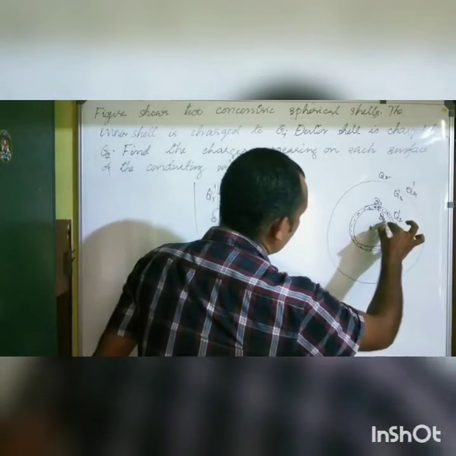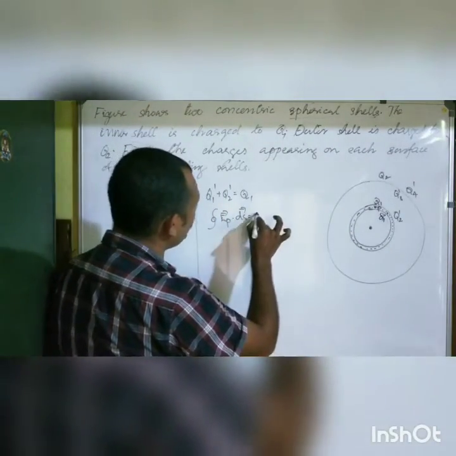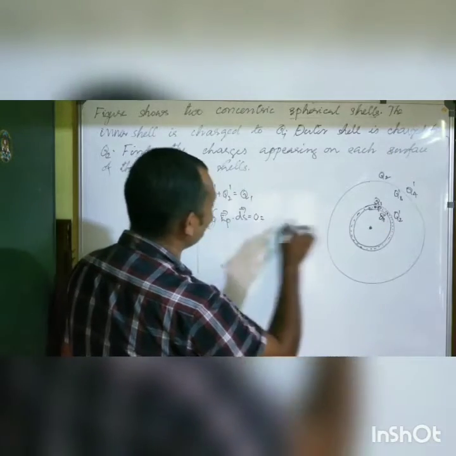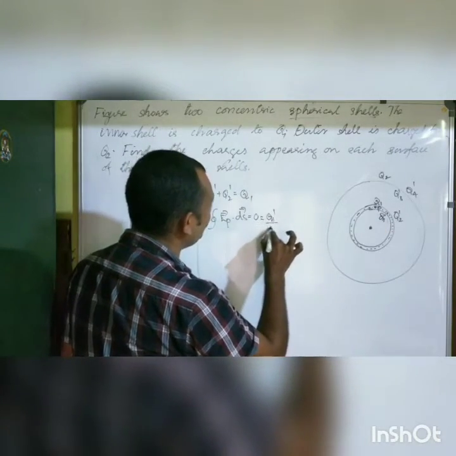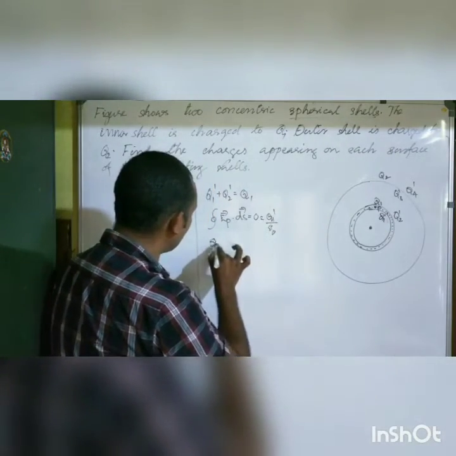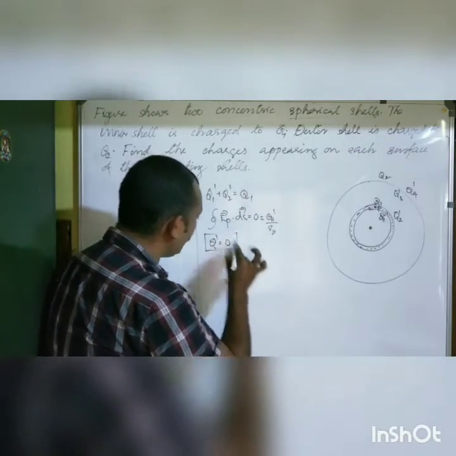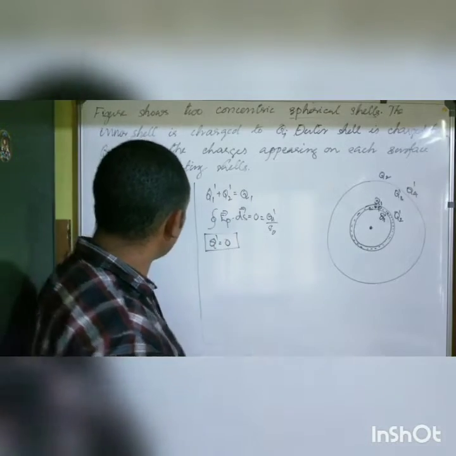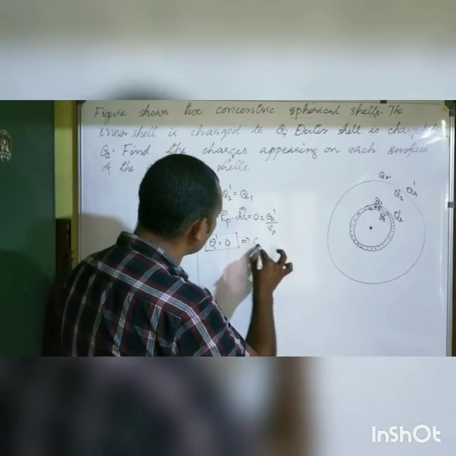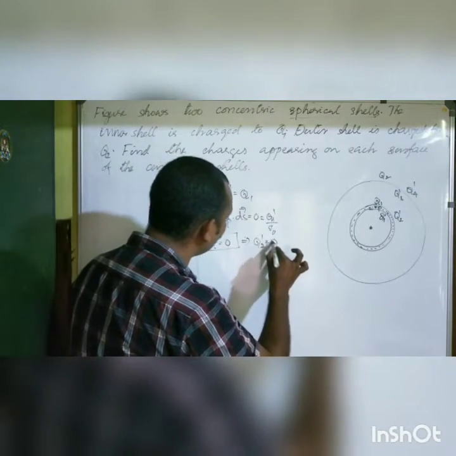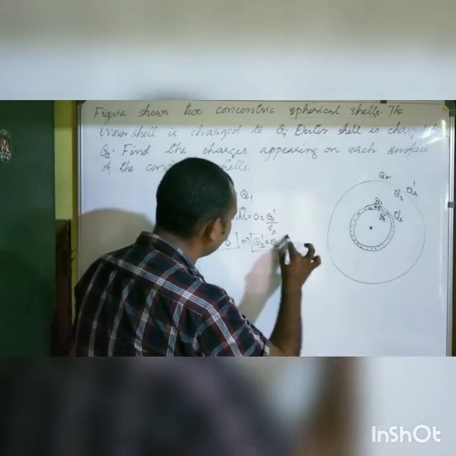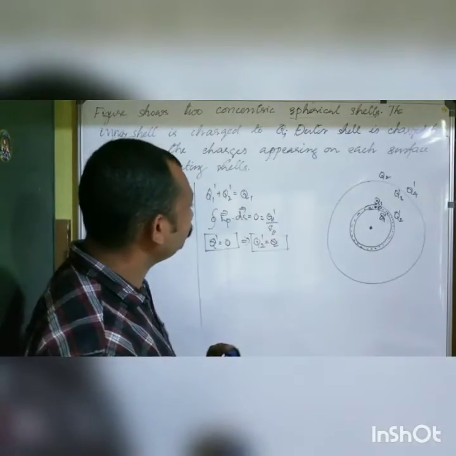Inside is Q1 dash. So ∮E·dA is equal to 0. The charge enclosed by the Gaussian surface is Q1 dash divided by epsilon 0, which means Q1 dash is equal to 0. Once I got Q1 dash equal to 0, it implies Q2 dash is equal to Q.